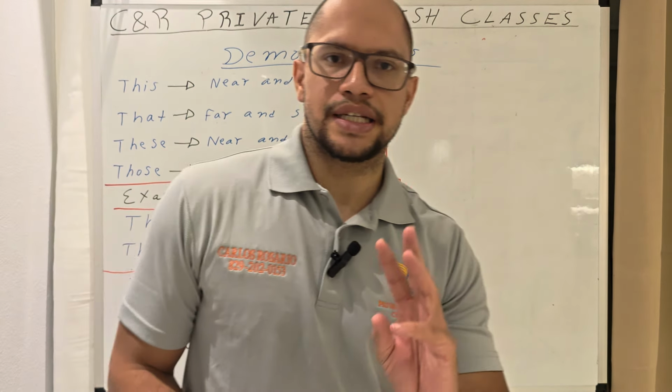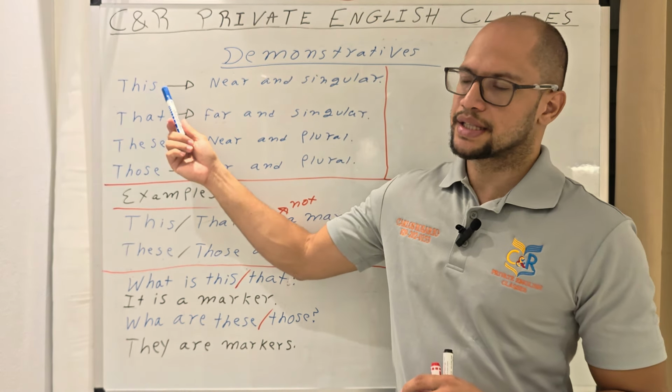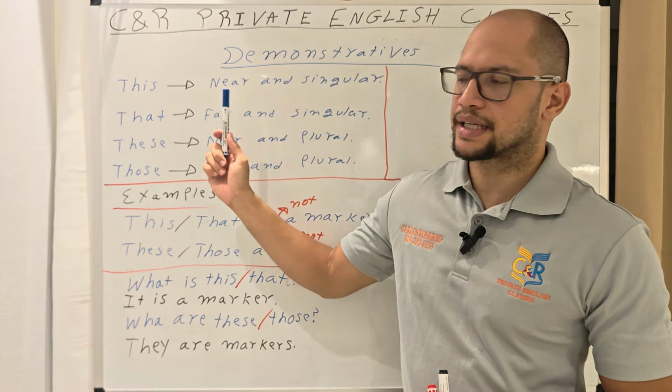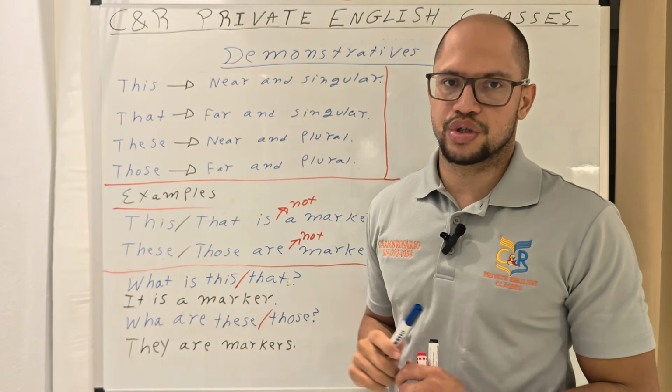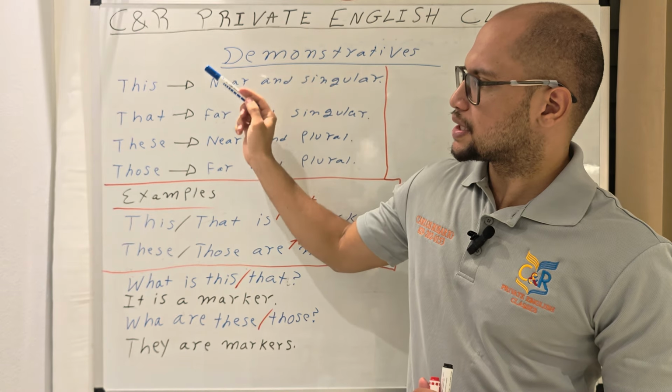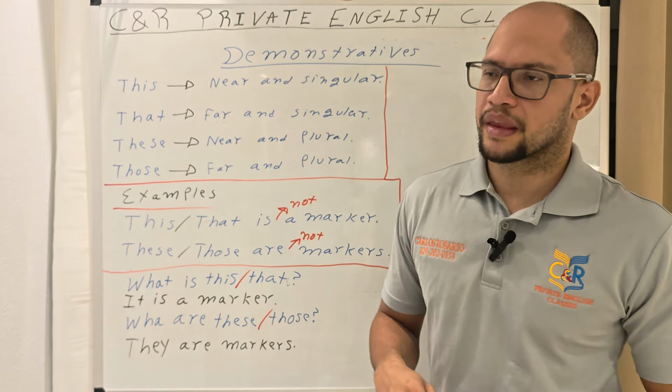Demonstratives are these four words that we have here. We have this, that, these, and those.